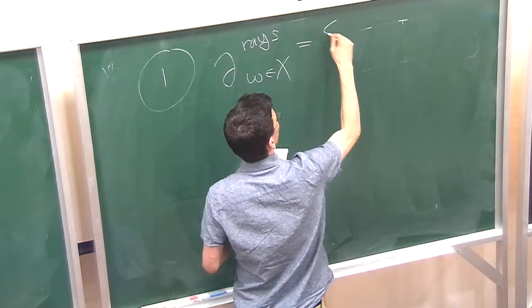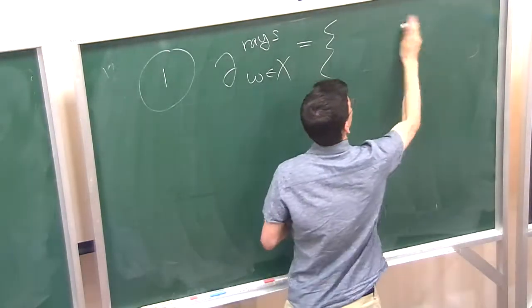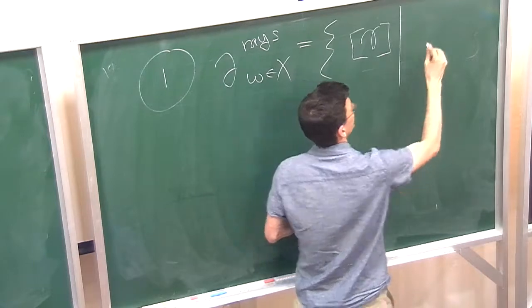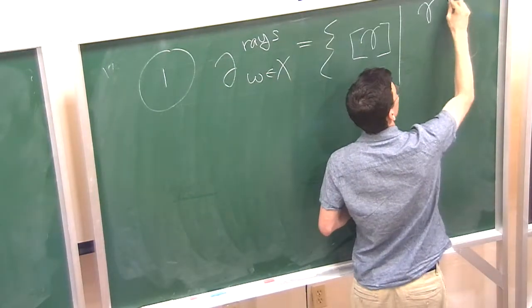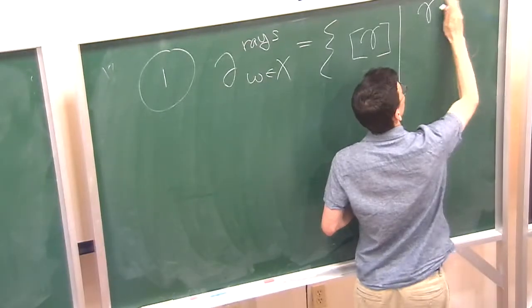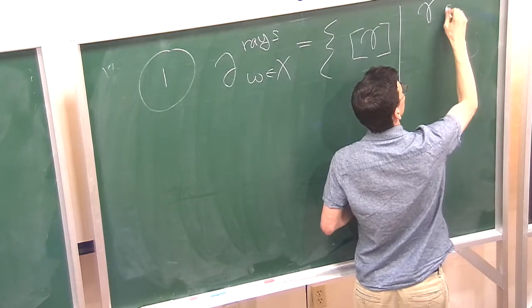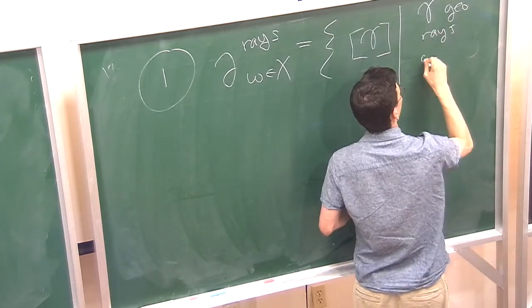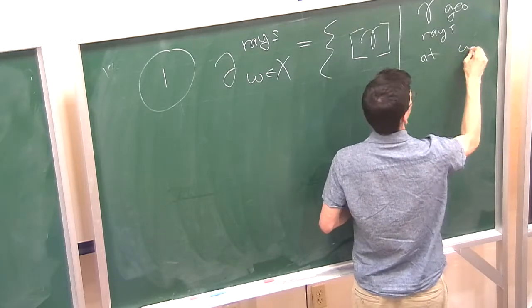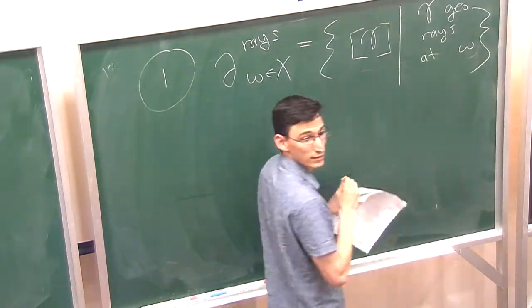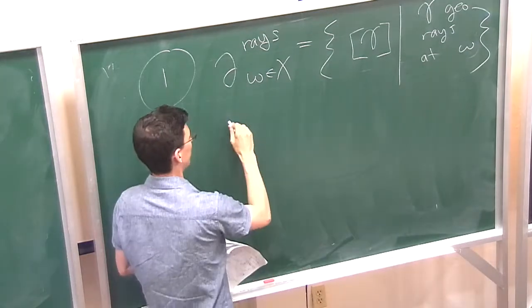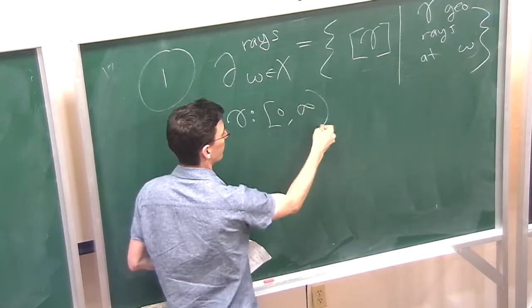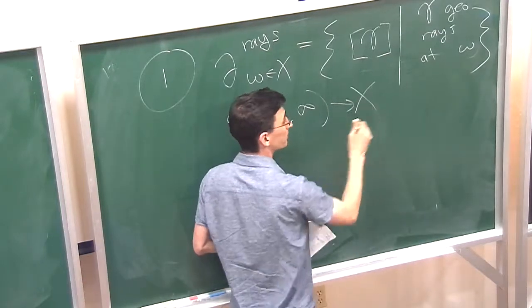And I want equivalence classes of geodesic rays at w. So here's gamma going from 0 to infinity, and it's going into X.